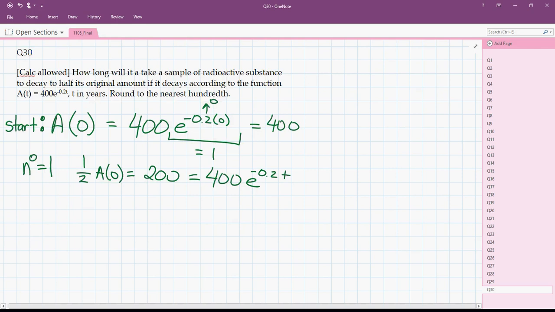From this point, the procedure is similar to the previous one, where we isolate as much of the non-exponents as we can on one side, then take the logarithm of both sides to isolate the exponents and solve. So first thing, I'm going to divide everything by 400.